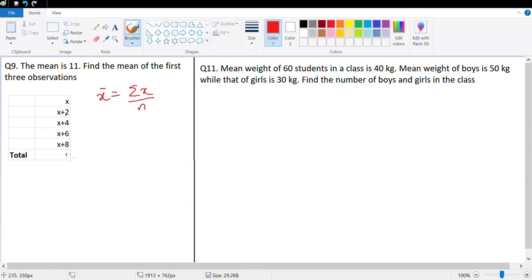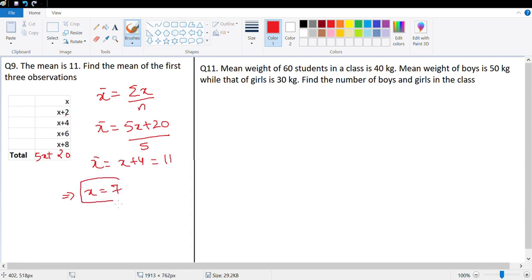So that's 20, and we have 5x. So mean is equal to (5x plus 20) upon the number of observations, which is 5, which means mean is equal to x plus 4. This is given equal to 11, which means x is equal to 7.